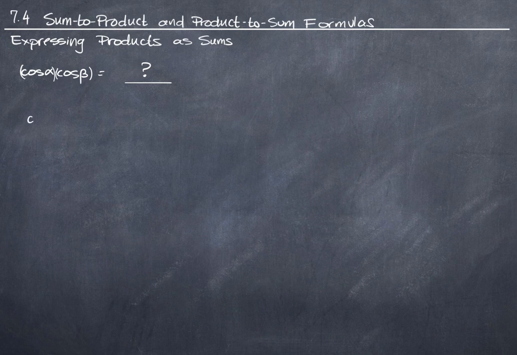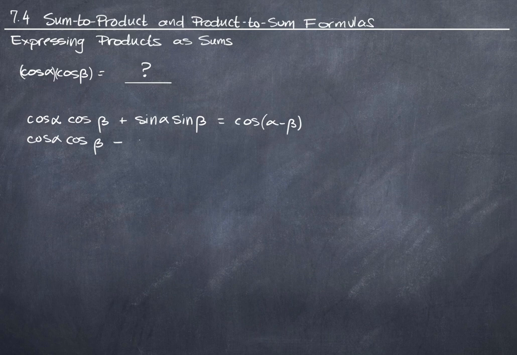If I take cosine alpha cosine beta plus sine alpha sine beta, I know that comes from the difference formula for cosine. And cosine alpha cosine beta minus sine alpha sine beta comes from the sum formula for the cosine, cosine of alpha plus beta.